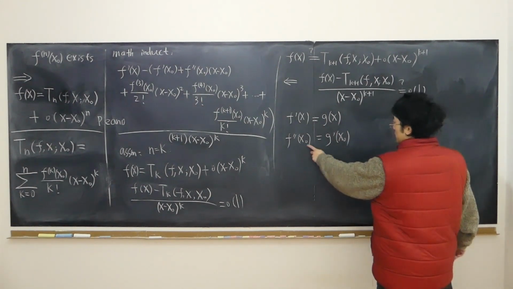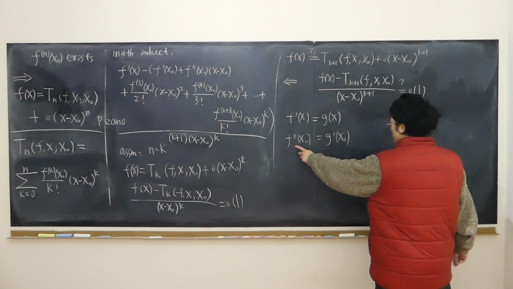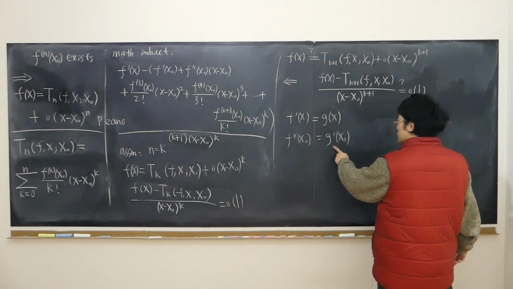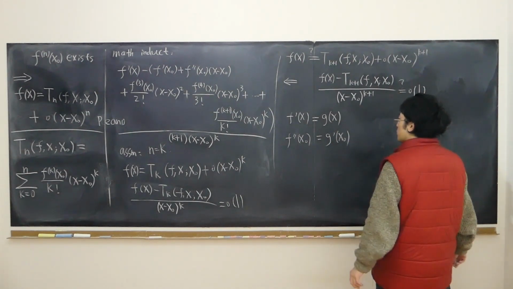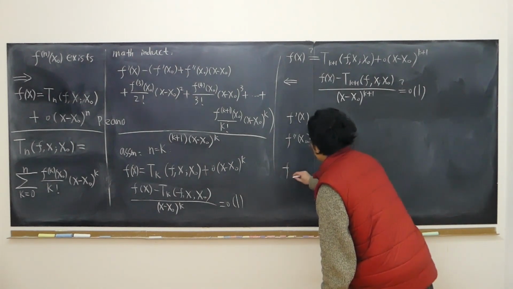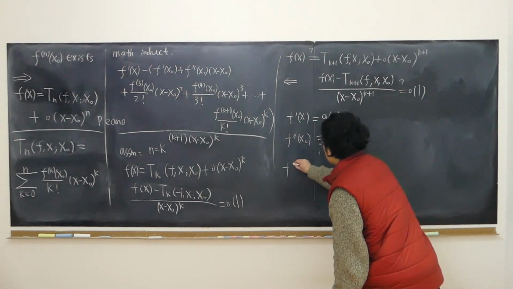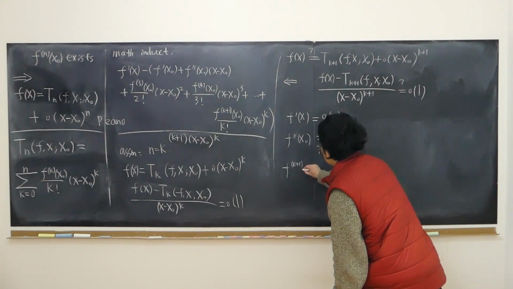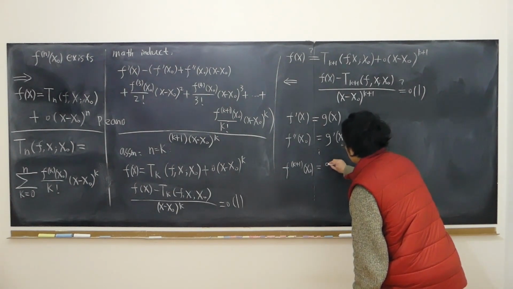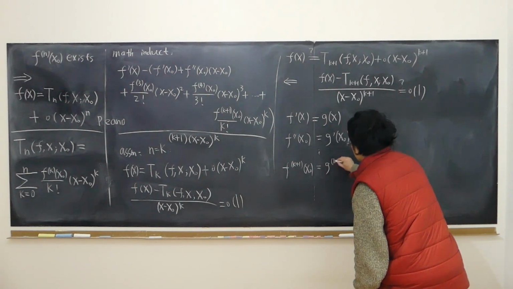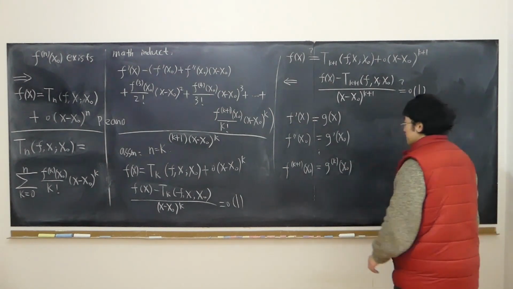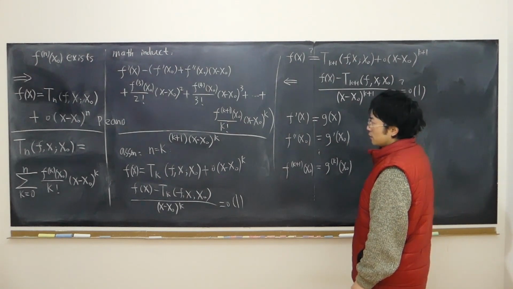And if we fix the variable, that's the second order derivative at this point, is equal to the first order derivative of g at the same point. Likewise, the k plus 1th order derivative of f at this point is equal to the kth derivative of g at the same point, right? So this is clear.